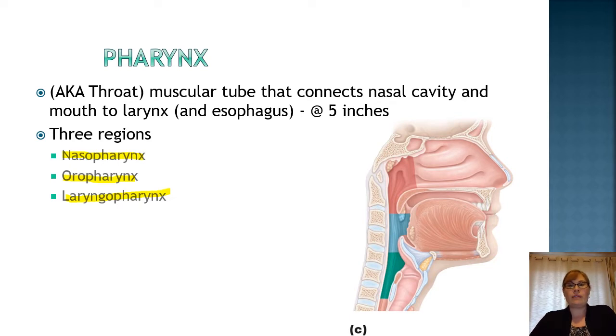Those are the 3 main regions. They're not super clearly defined as far as where one starts and the other begins, but when you look at the word parts, you see nose, behind the mouth, behind the larynx. The throat is an area about 5 inches long that connects the nose to the mouth and the larynx.